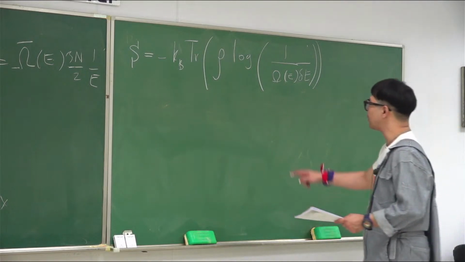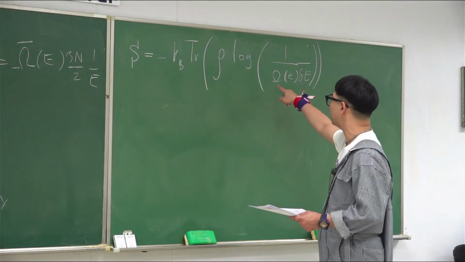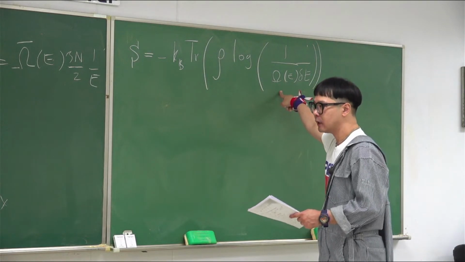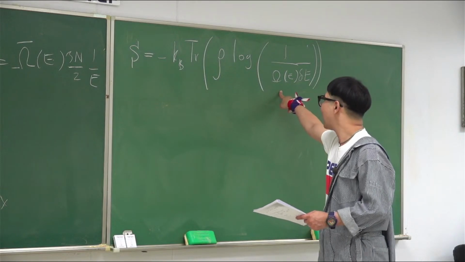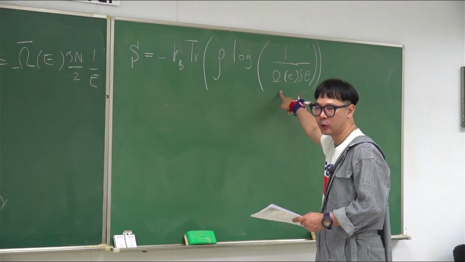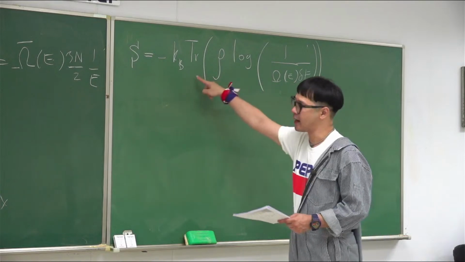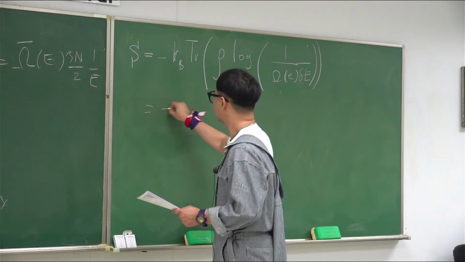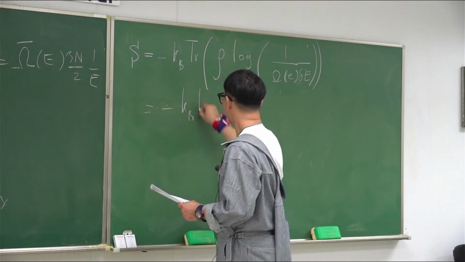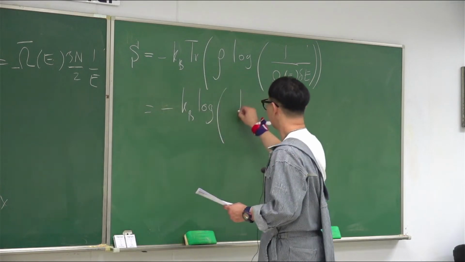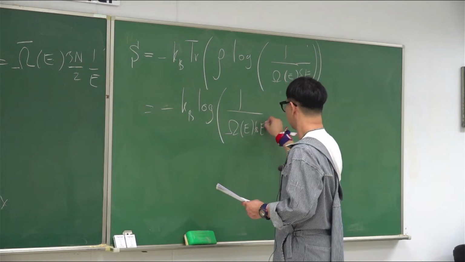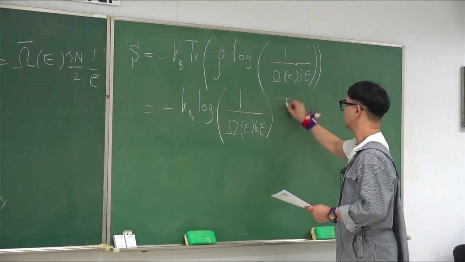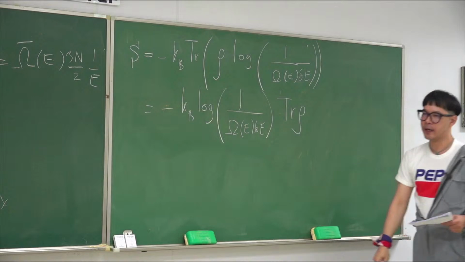And since you put this rho into the logarithm function, it is now a constant, so you could take it out from the trace. So what you're going to have is this one, trace of the rho.